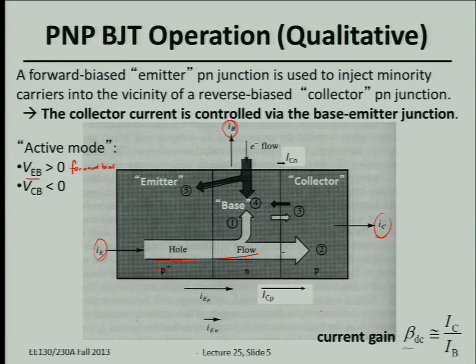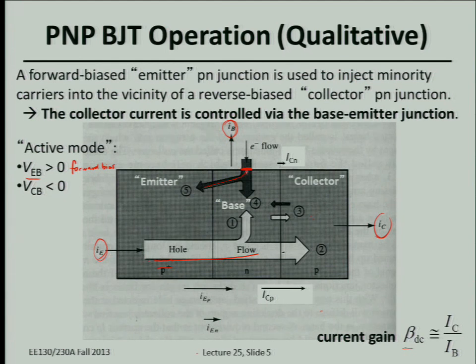The base current has two components. One is that the base contact is supplying electrons, since only majority carriers can flow into and out of the contact. Under forward bias, you have electrons flowing into the base. Some of them diffuse across the junction and constitute emitter current.